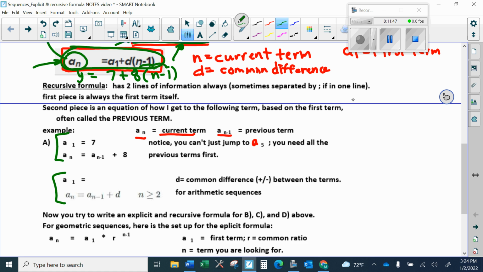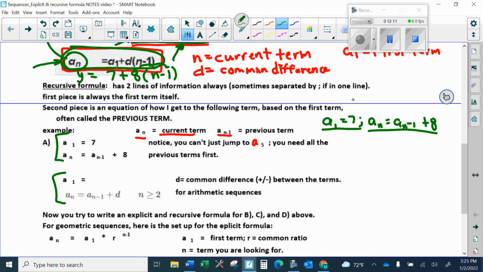But if they wanted to, I could have written this as A sub 1 equals 7, semicolon, A sub n equals A sub n minus 1, and then plus 8. That's really 2 lines, that line and that line. They just have it separated by a semicolon.